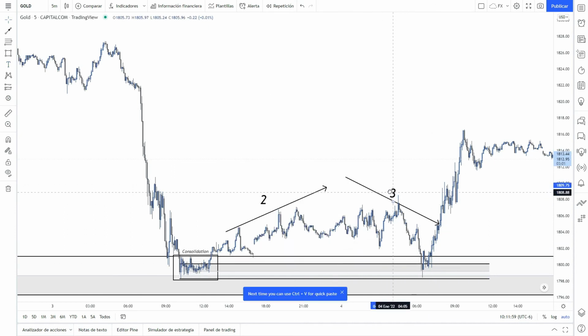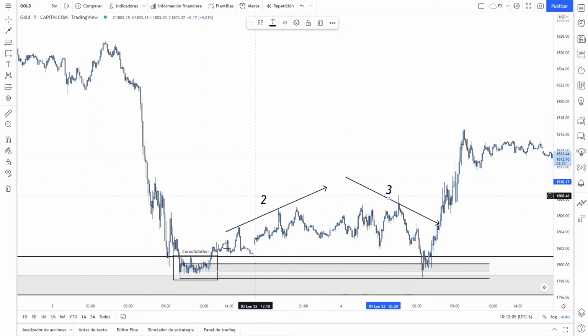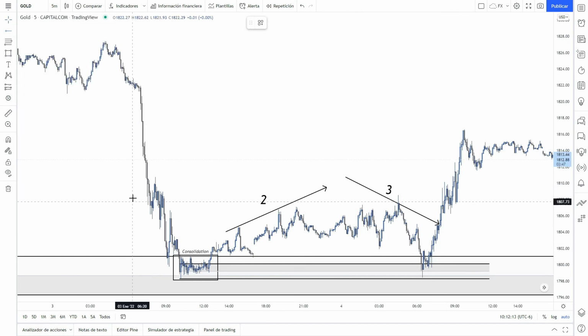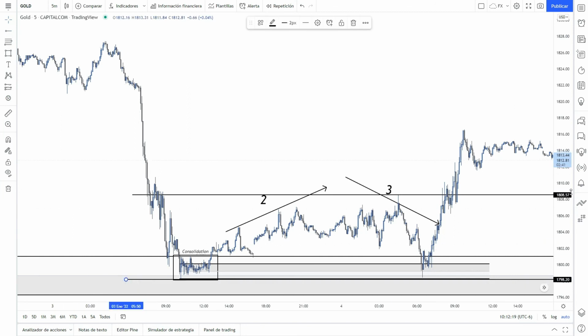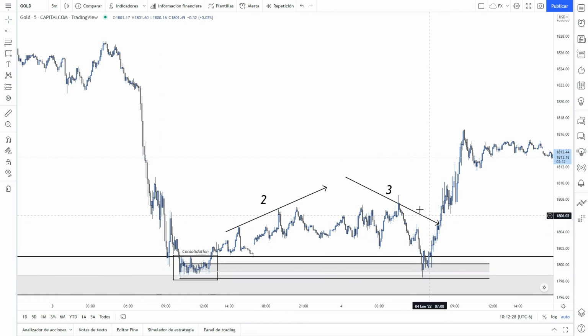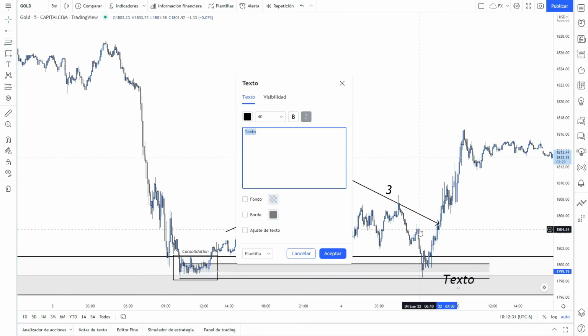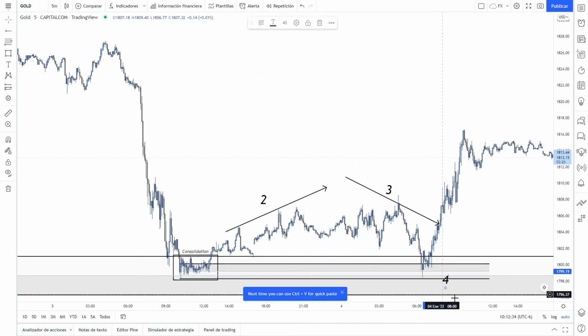Because buyers and sellers are completing their transactions right at this price, in this range. Let me place a line here. They are doing their business right here, from the 1808 to the 1798. That's where they are doing their transactions. And after that, we have number 4 from our price cycle, the reversal. This is where you're going to place your order.